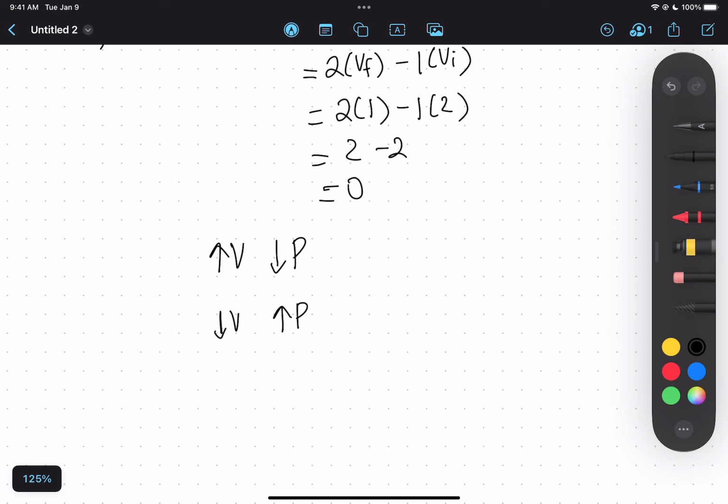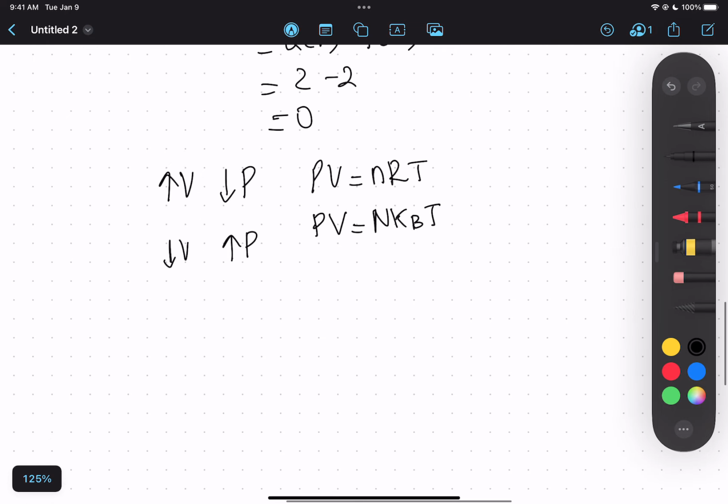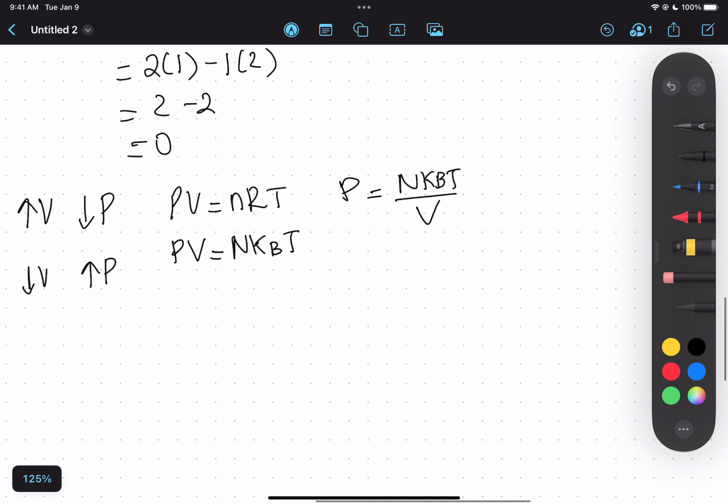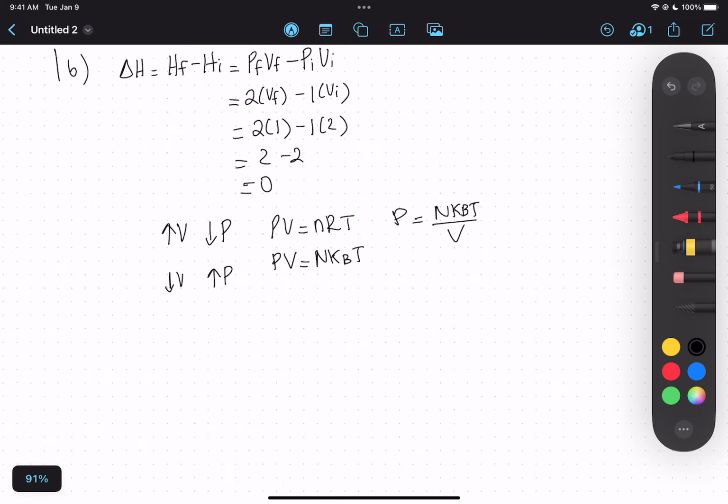That's because of the ideal gas law, PV equals nRT, or PV equals N k_B T. If you divide by V, you can see that they're inversely related. If I increase the V in the denominator, I decrease the value of my pressure. If I decrease the volume, it increases my pressure. So there's an inverse relationship going on here.